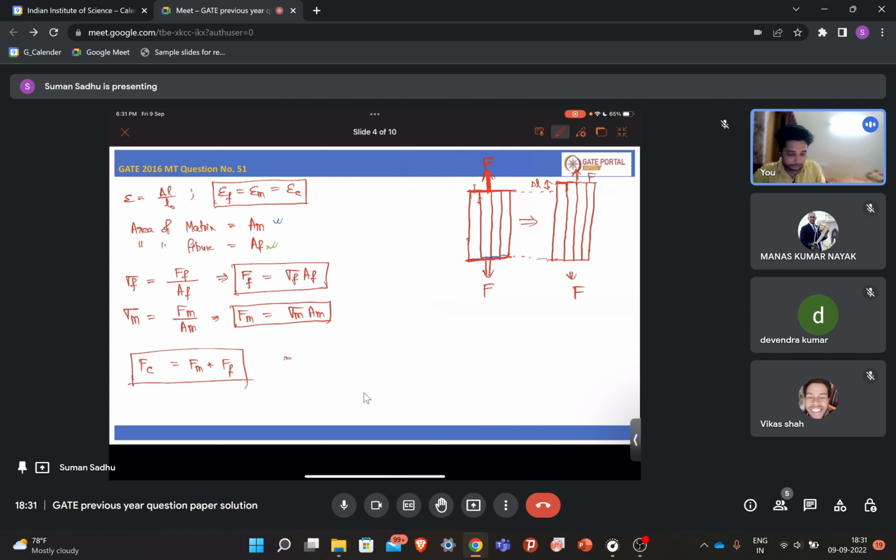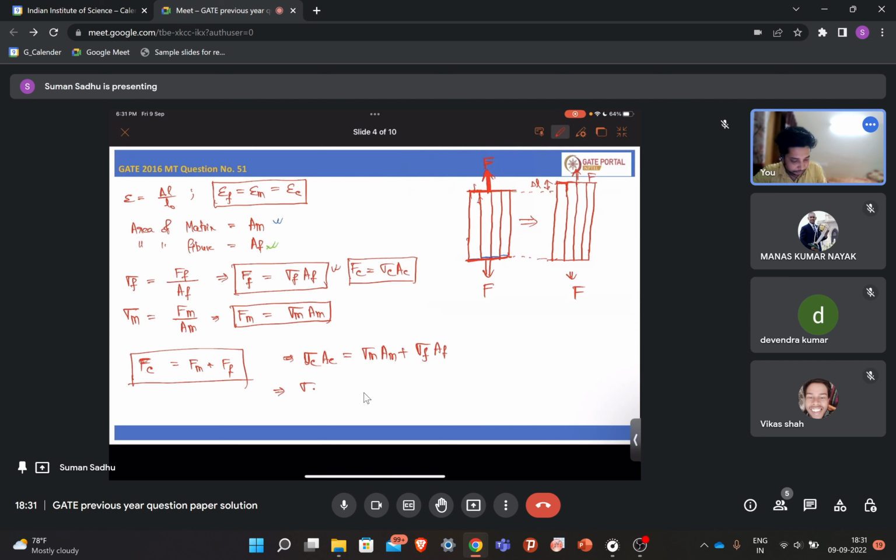Similarly, F of C you can write as sigma C into A of C. So if we write this force in terms of sigma and area, it will be sigma C AC is equal to sigma M AM plus sigma F AF.